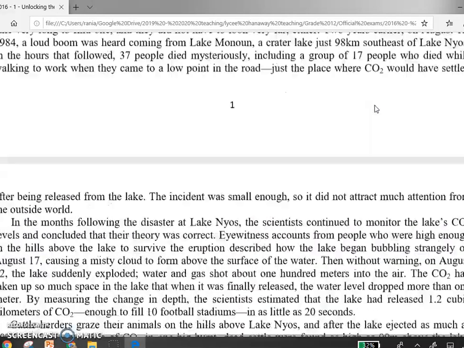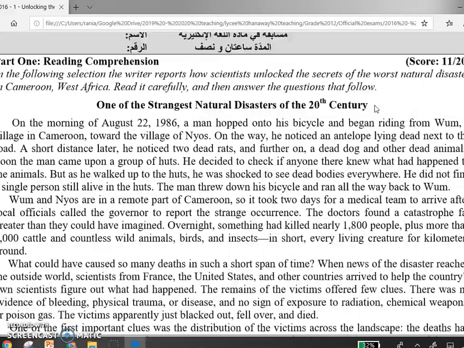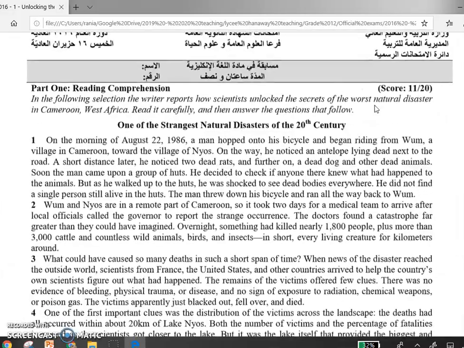So we have to start reading paragraph 1. Take a look at paragraph 1. Read it. A man hopped onto his bicycle and began riding from a village in Cameroon toward the village of Nice. And he noticed an antelope lying dead next to the road. A short distance later, he noticed 2 dead rats, a dead dog.